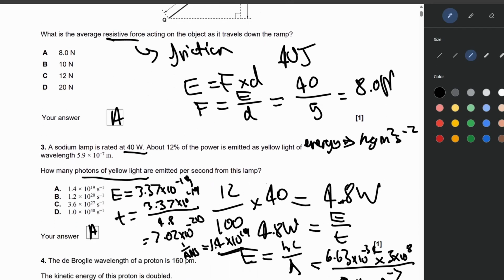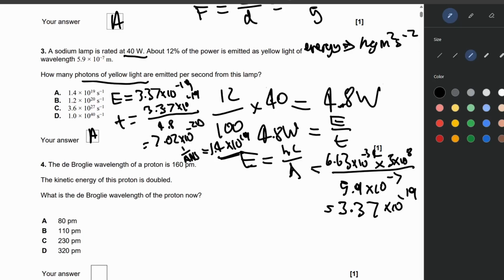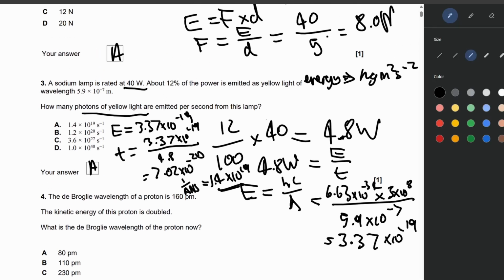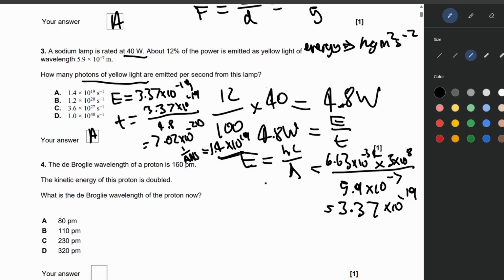I don't really know how that makes sense, let's just think about it. So we have 4.8 watts, that's 12% of the power. It's emitted as yellow-white light, wavelength 5.9 times 10 to the minus 7. So I found the energy of that wavelength.